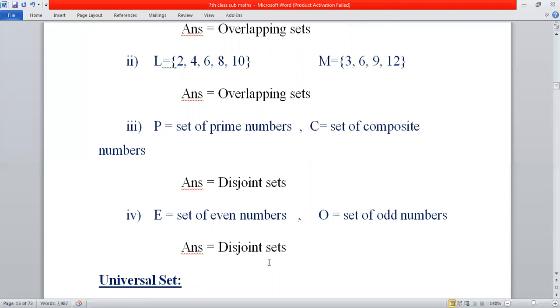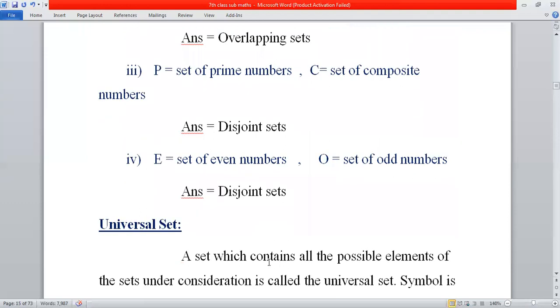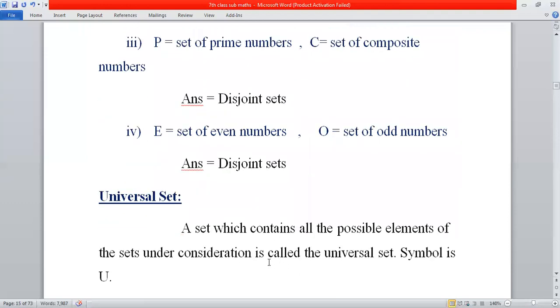Now, before starting the next question, first of all, we should study what a universal set is. A set which contains all the possible elements of the set under consideration is called the universal set.